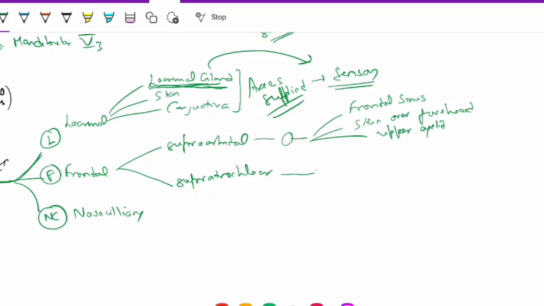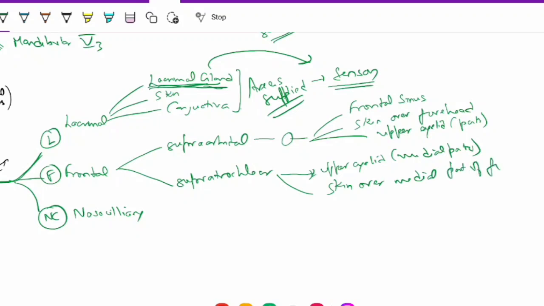Whereas supratrochlear also supplies the upper eyelid, medial parts, and skin over the medial part of the forehead.